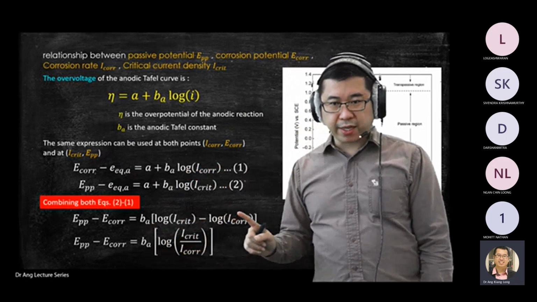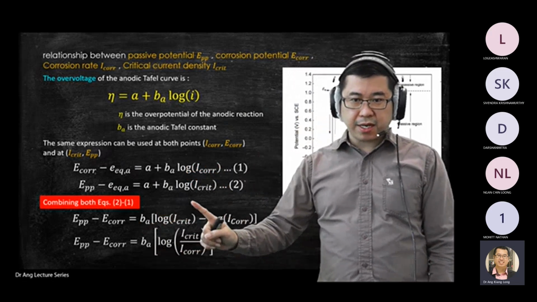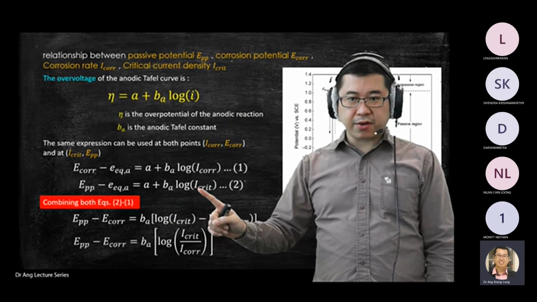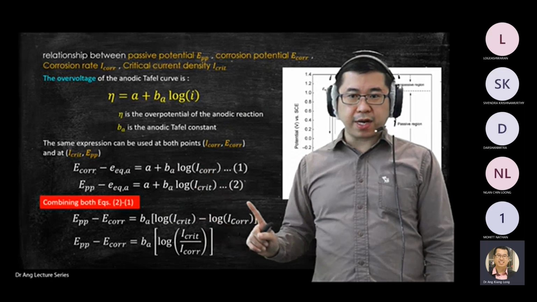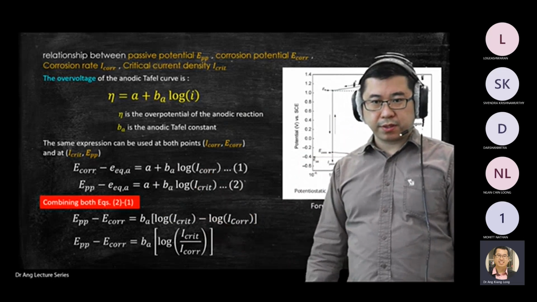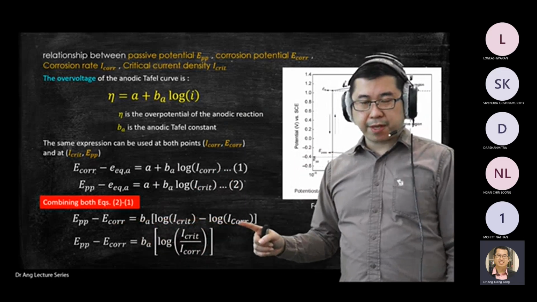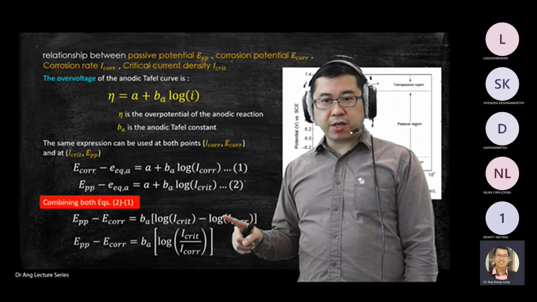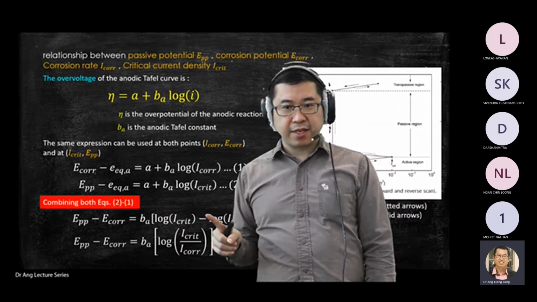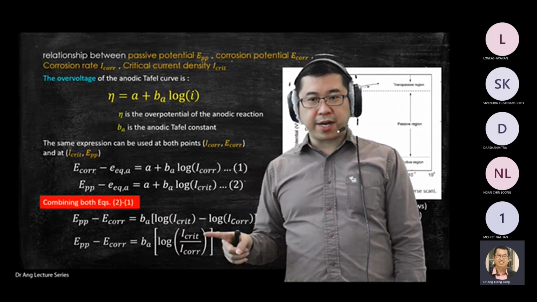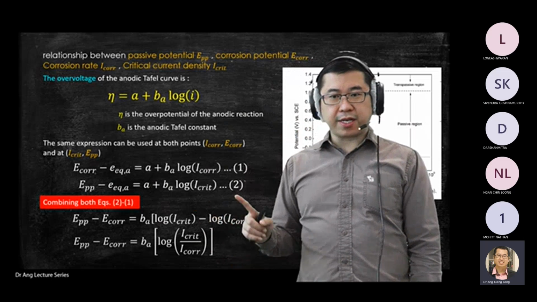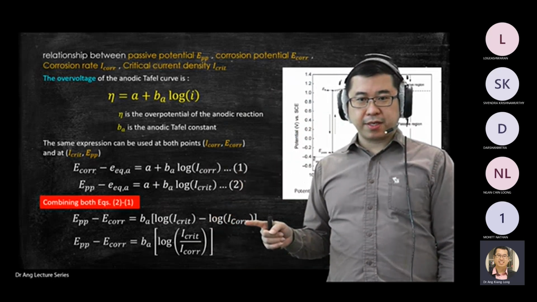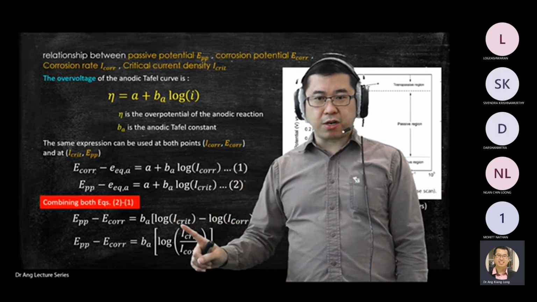So you factor them: BA log I critical minus log I corrosion. You get this equation, right? Then you apply the understanding in log. Log minus log is divide. Log plus log is multiplication. All right, you simplify the log.